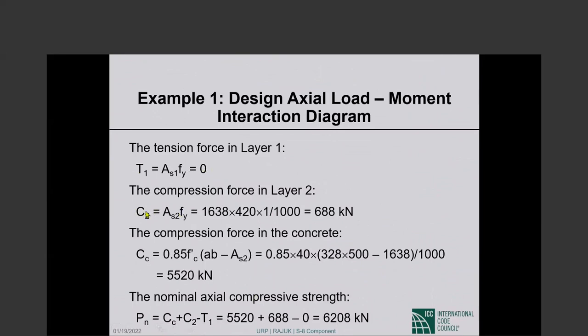The compression force in the upper two bars, 688, because they're yielding. The compression concrete force is very high, 5520, because most of the section is in compression. So P sub N now grows to 6208 kilonewtons.